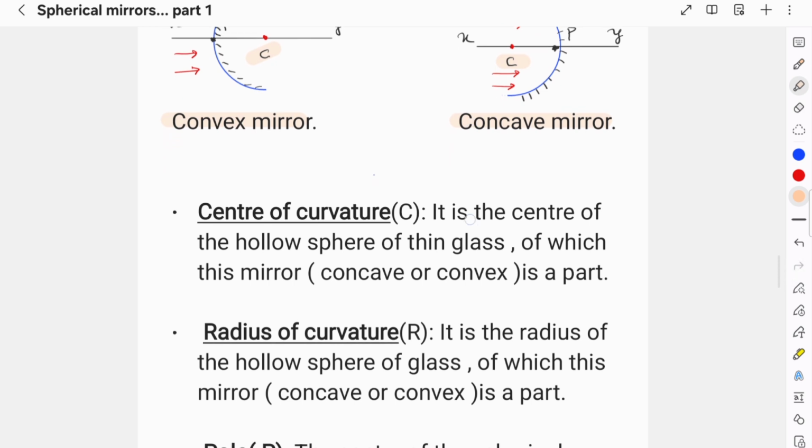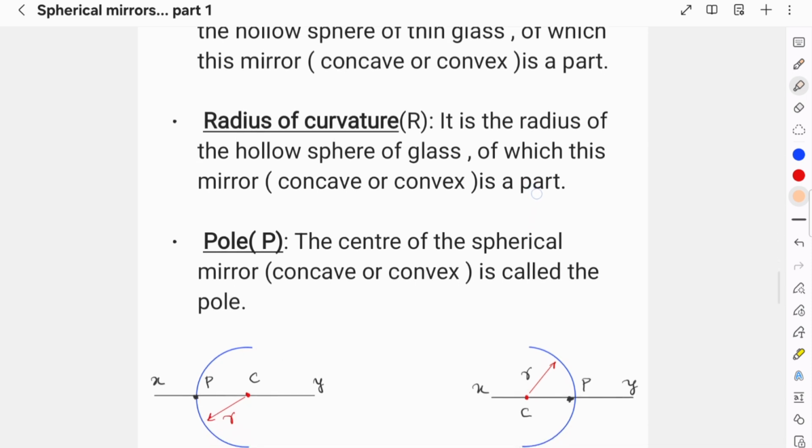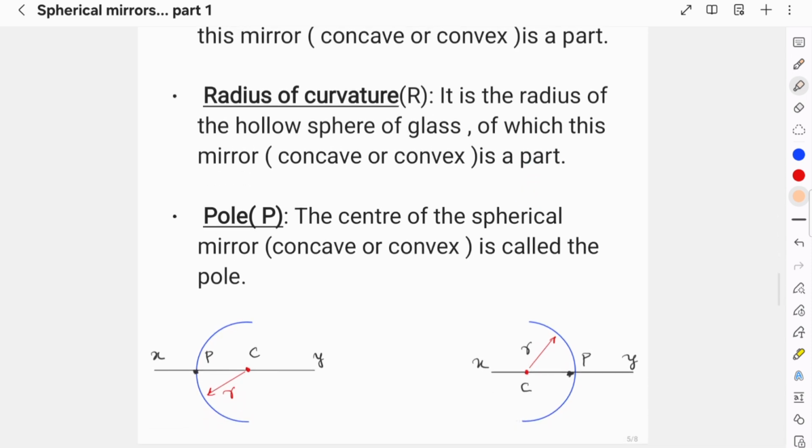Okay, now see what is center of curvature. Center of curvature is the center of the hollow sphere of thin glass from which these two mirrors have been cut. The concave and the convex mirror are cut from a single spherical mirror.